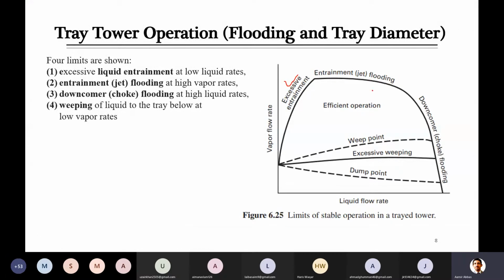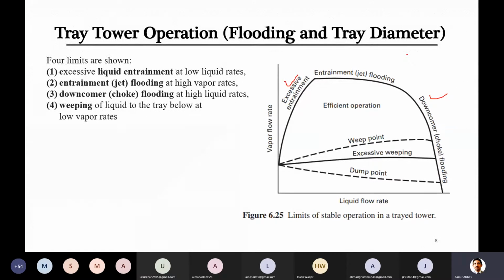The other limitation of this is related to downcomer choke flooding. In this case, you can see when liquid flow rates are very high, we can lead to this phenomenon of downcomer choking or flooding of the downcomer. What happens actually is the liquid flow rate is too high or too much in amount, and maybe the downcomer area, when it was designed, is not designed to handle that large capacity of liquid.